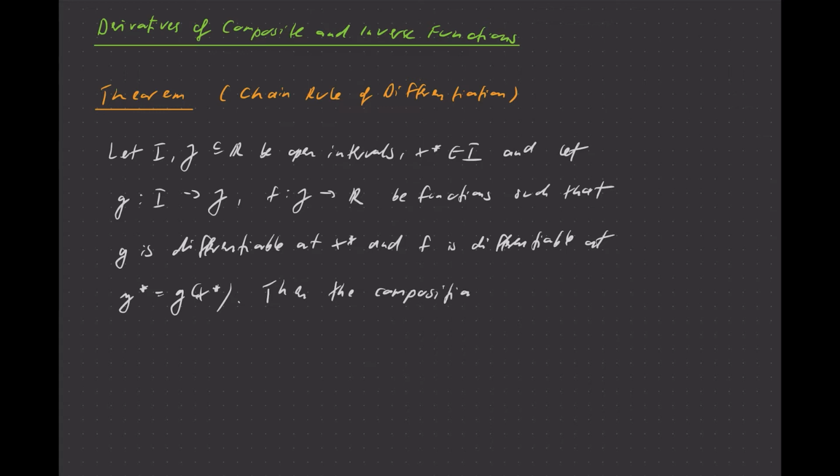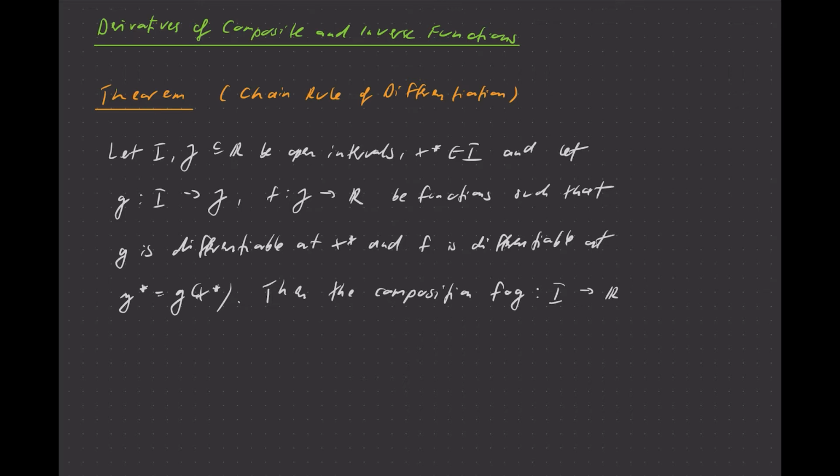So then the composition or the chain of functions f after g is a function from I to R, because we first apply g. G is the inner function, and then we apply f to the result of that.